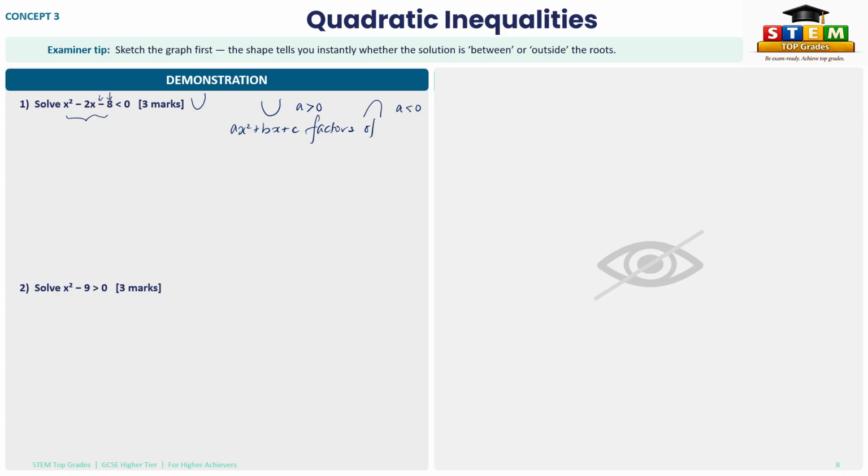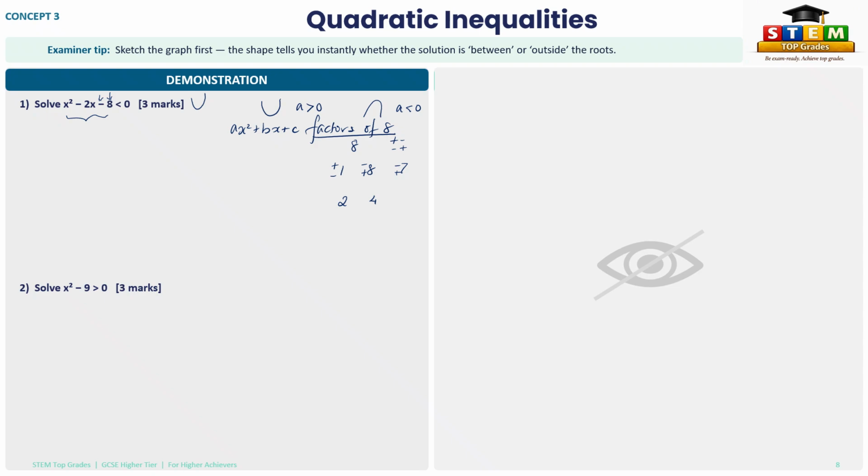You've got 1 and 8, you've got 2 and 4. Because it is negative 8, you have to think of plus and minus, or minus and plus. So plus 1 times negative 8 gives you negative 7, but negative 1 and plus 8, when you combine them, you get plus 7.